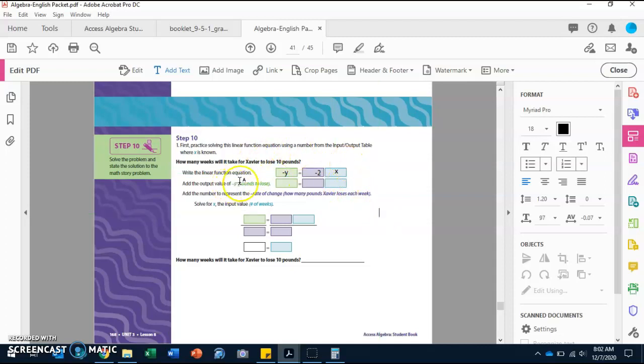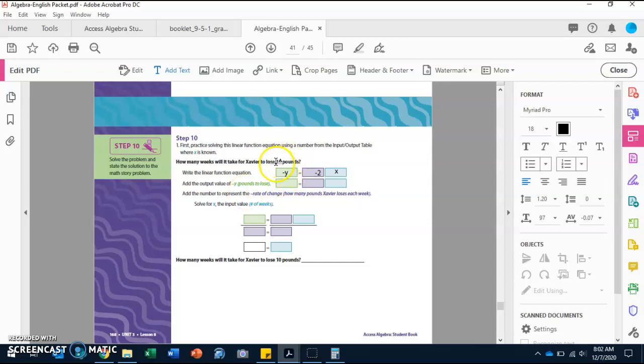This is the equation that we're going to use. Now here it says at the output value, which is -y, which means the pounds to lose. So here is how many pounds he wants to lose.